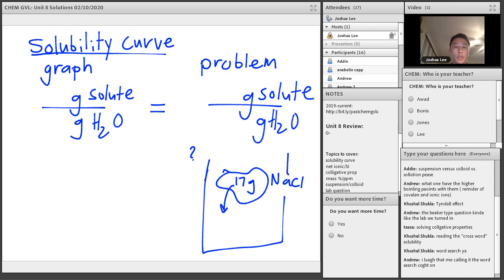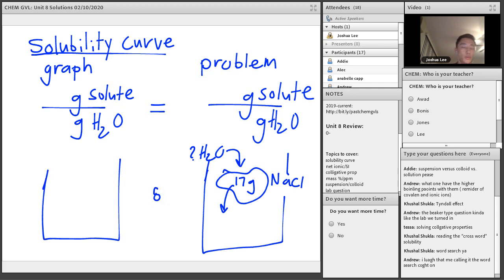Since solubility depends on temperature, you have to know the temperature of the water, and you set it up with a proportion. Let's say you're doing this experiment at 50 degrees Celsius. You want to know exactly how much water you need to dissolve all 17 grams of salt.